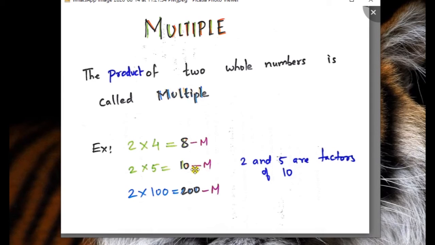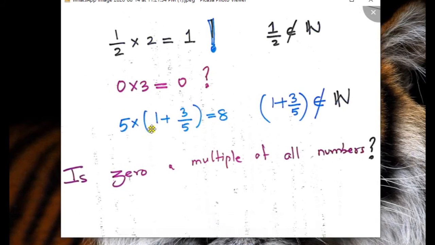And we can say that 2 is a factor of 10, right? And 5 is also a factor of 10. This scenario suits well if we only consider whole numbers, but in the previous case, if we do consider some other number other than whole numbers, the concept collapses.